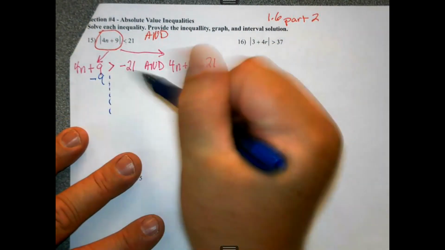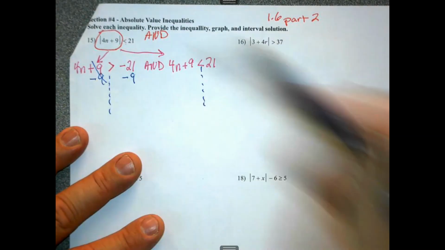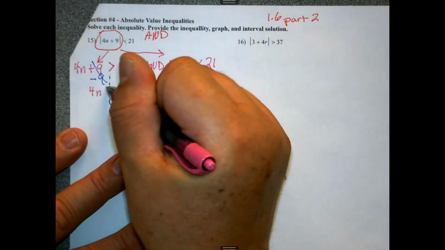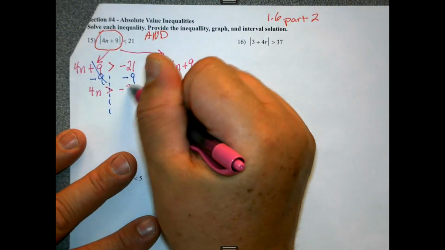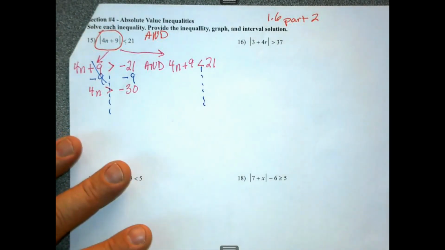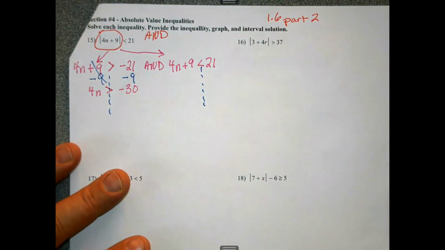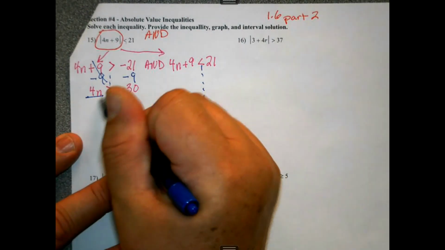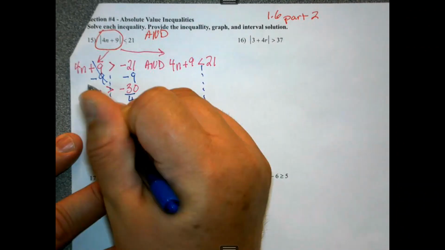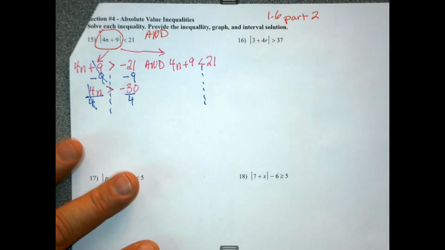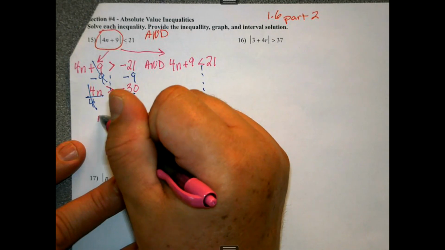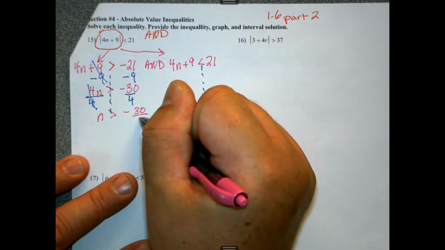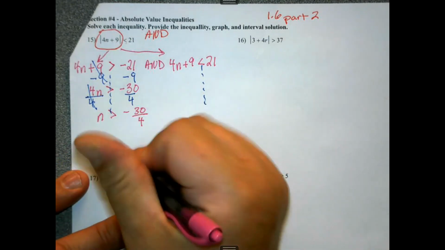Subtract 9, subtract 9. I get 4n is greater than -30, and we get a lovely number here. Divide by 4. So n is greater than -30 over 4, and we could reduce that to -15 halves.